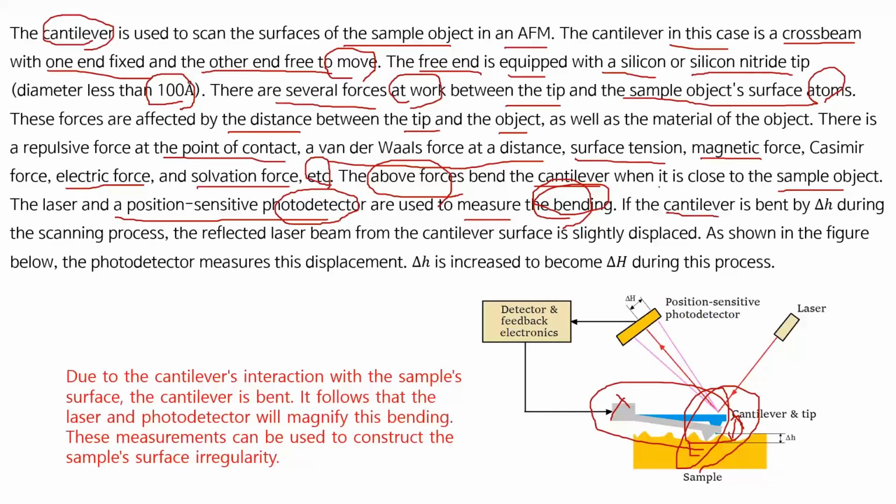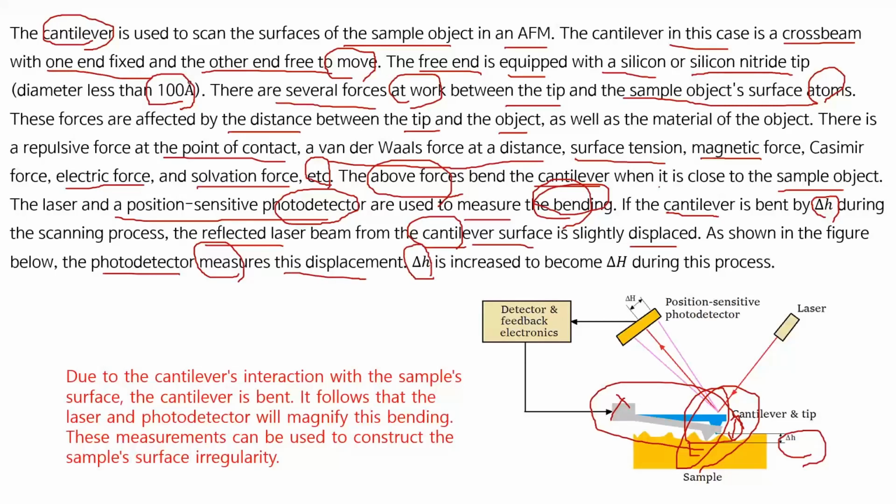If the cantilever is bent by delta h during the scanning process, the reflected laser beam from the cantilever surface is slightly displaced. As shown in the figure below, the photodetector measures this displacement.